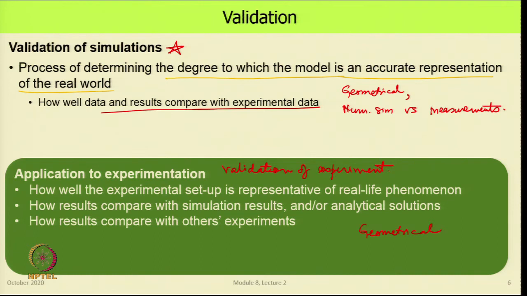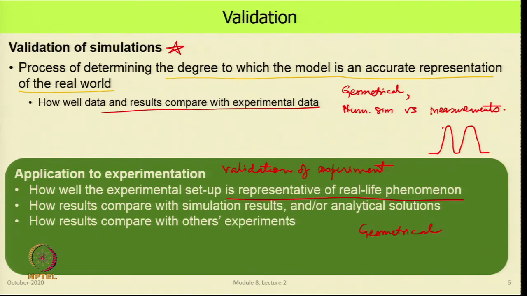So, here are some issues. How well does the experimental setup replicate or mimic the real life phenomena? So, it is how well the experimental setup is representative of real life phenomena. For example, in the real world, say you take a motorcycle cylinder fins, they may have nice curves like this.